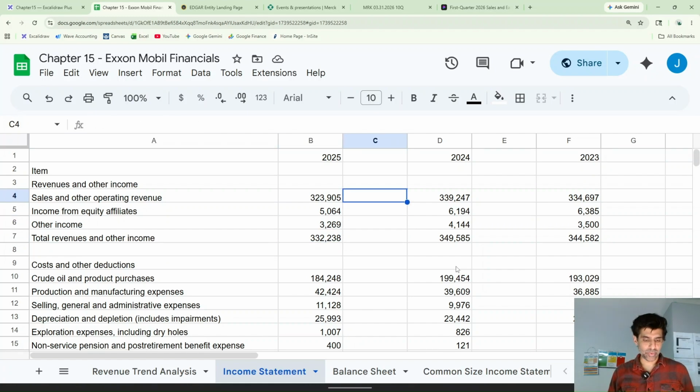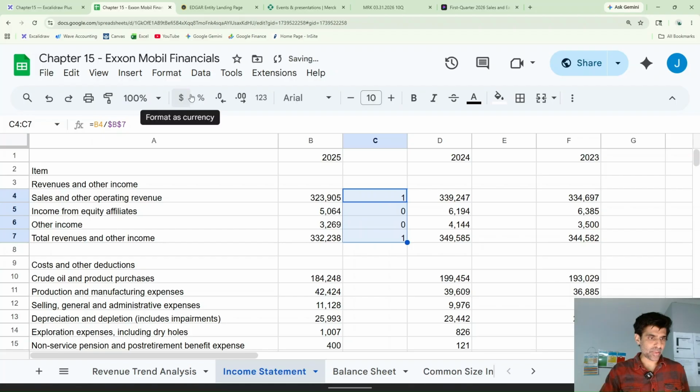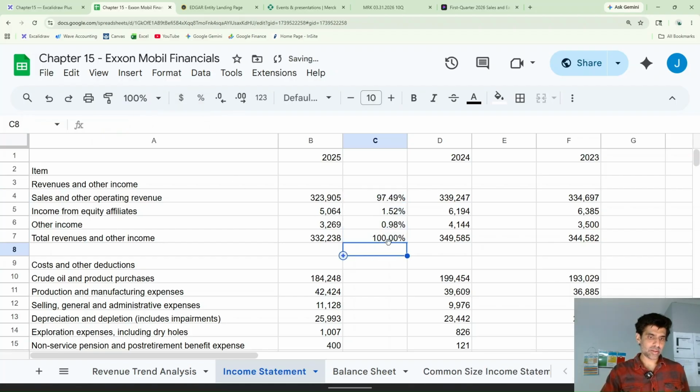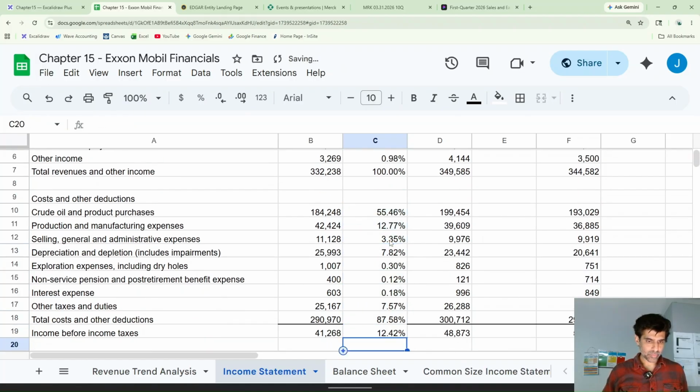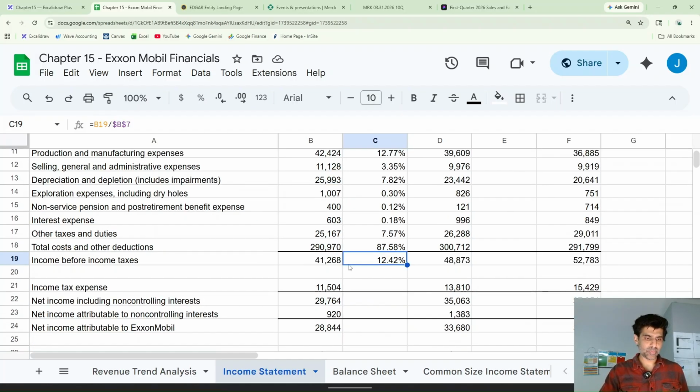So for example, this divided by total revenue, and I'm going to fix this cell, and I'm going to make these percentages. And then I'll do this. So you can see here, everything is now a function of total revenue.